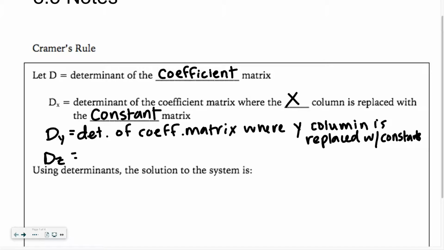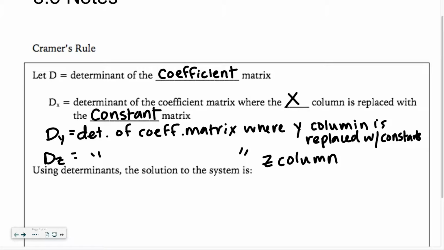Okay, but you could copy the same thing down, it's just the z column is replaced. So for whatever variable you're trying to solve for, you're going to replace that column in the coefficient matrix with the constant column, and then you just do a new determinant.